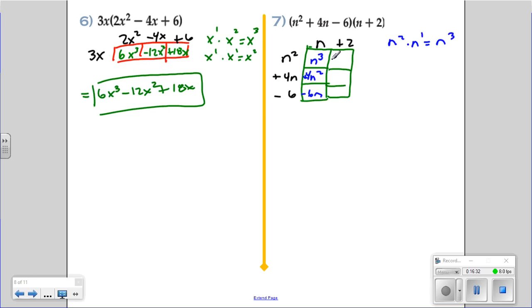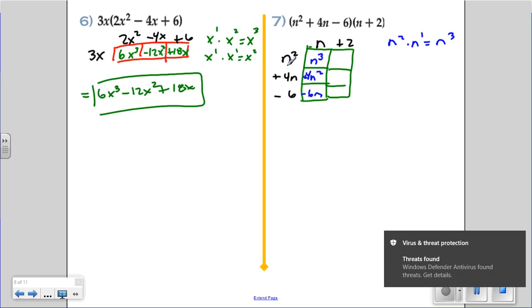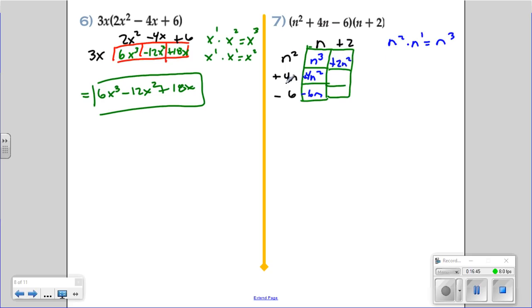Again, I love the box because it helps you stay organized. Now let's do the second column. N squared times positive 2 is positive 2n squared. Positive 4n times positive 2 is positive 8n. Then negative 6 times positive 2 is a negative 12.